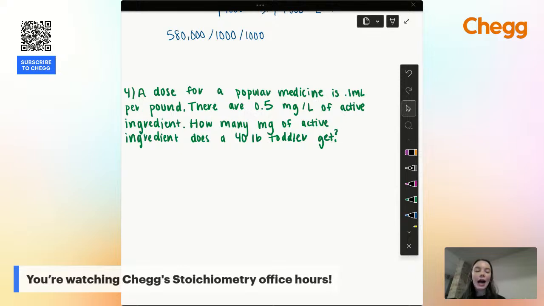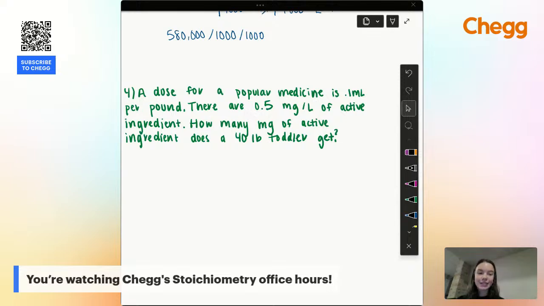So this is a more applicable stoichiometry problem. A dose for a popular medicine is 0.1 milliliters per pound. There are 0.5 milligrams per liter of active ingredient. How many milligrams of active ingredient does a 40-pound toddler get? This one is a little tricky because it's a word problem, and I think everyone can say that they dislike word problems.